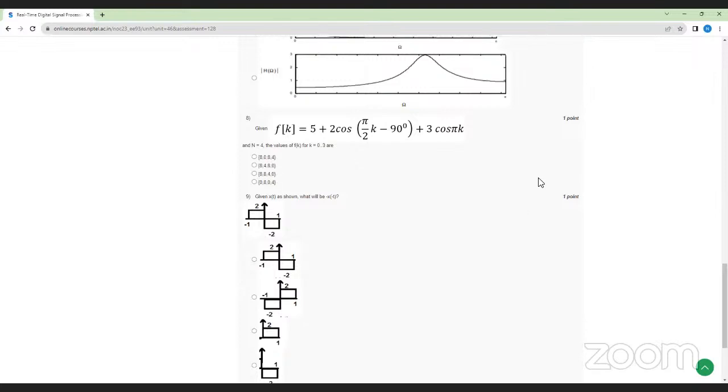Miss Abhilasha, what is your question on question 8? To give you a clue, you can put k is equal to 0 to 3, what has been asked, okay? So you can find out your f of k values.